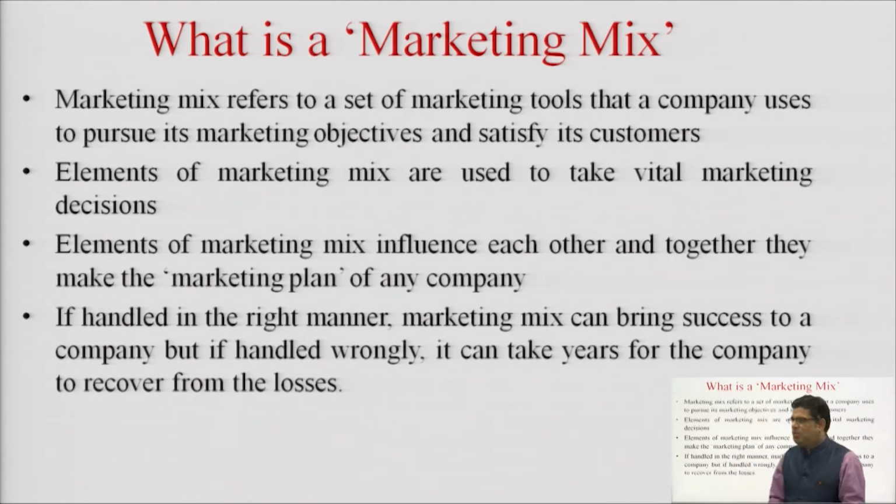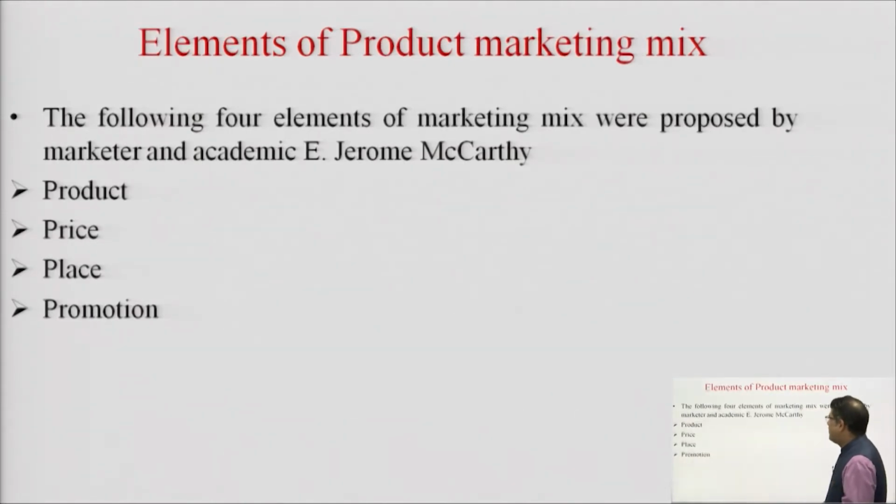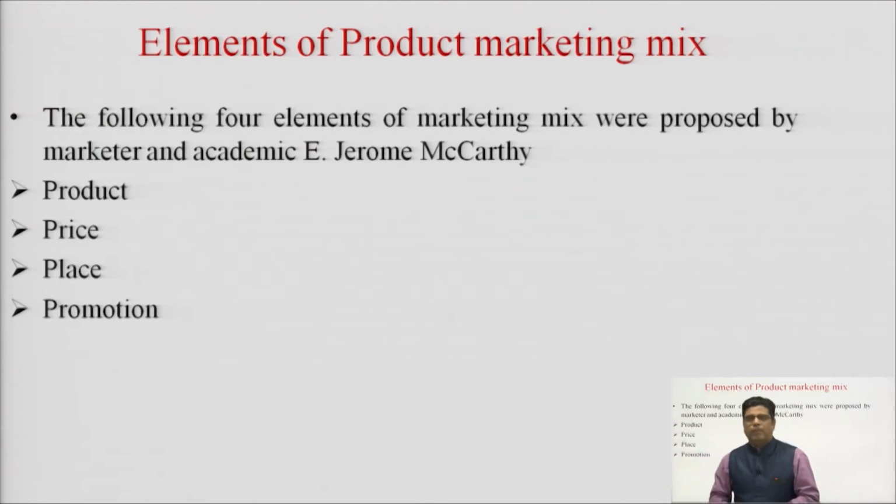Now, let me take you to this next slide wherein we will discuss some elements of marketing mix. A very famous marketer and academician, E. Jerome McCarthy, actually proposed the idea of the 4 P's, which are very famously called the elements of marketing mix for a product. Jerome McCarthy did this during 1960.